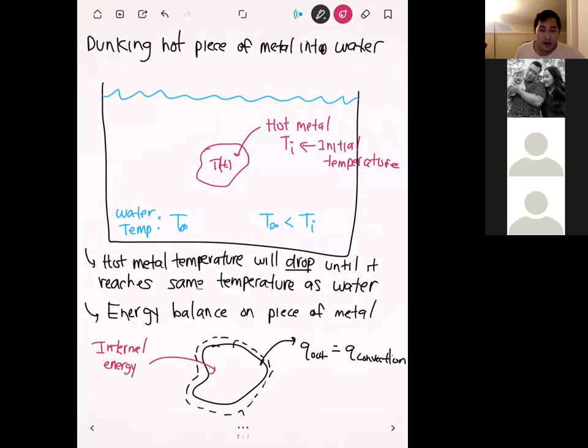The lower its temperature gets, the lower the amount of internal energy there is. Because all the heat that escapes through convection has to come from somewhere, we can't just create energy out of nothing. So we're going to say there's a balance between the internal energy inside the metal and the heat lost due to convection.